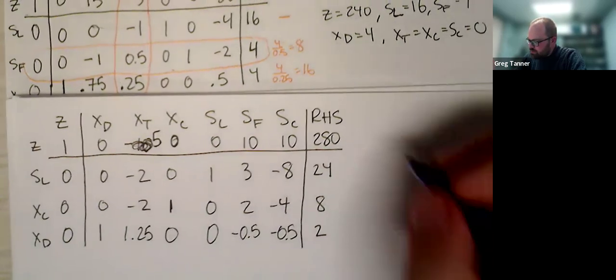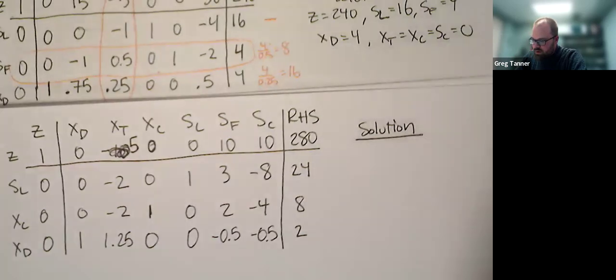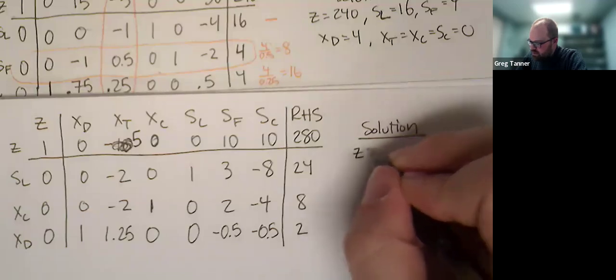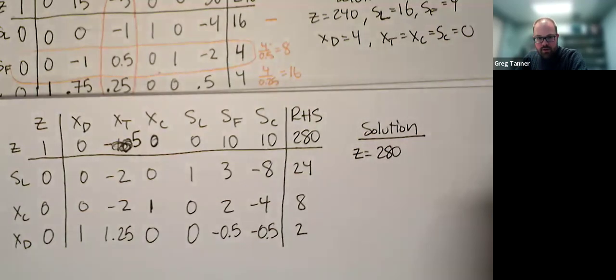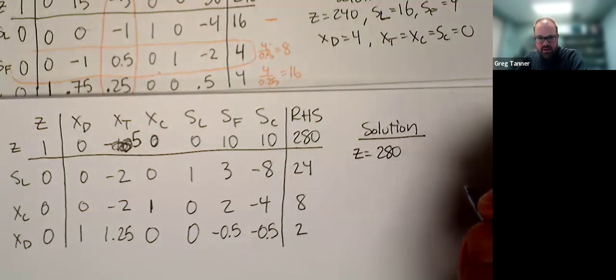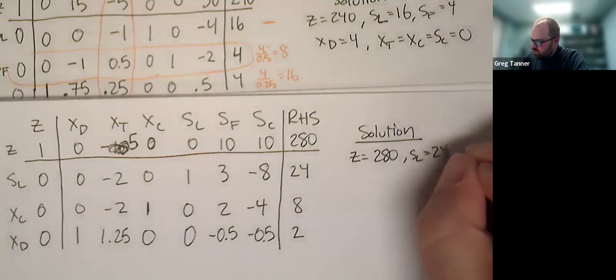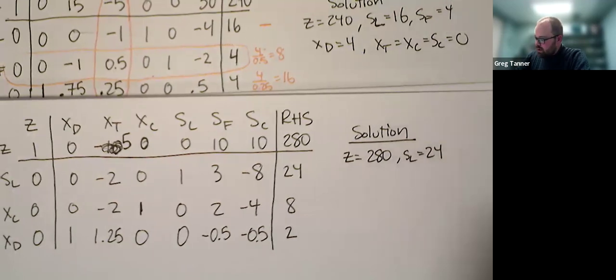Okay, so what's our new solution? Let's go ahead and read off our basic part. So Z equals 280 units of revenue, dollars, I think. SL equals 24. So we've still got 24 extra board feet of lumber.